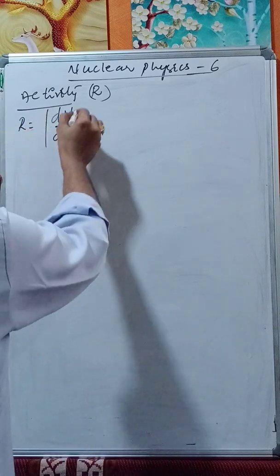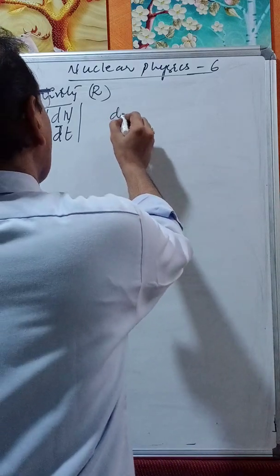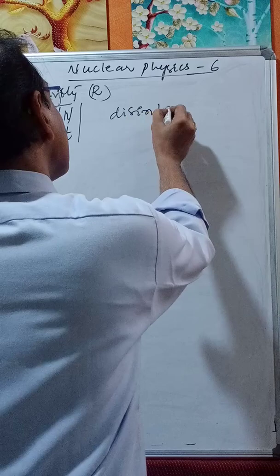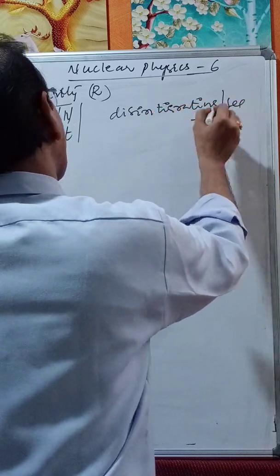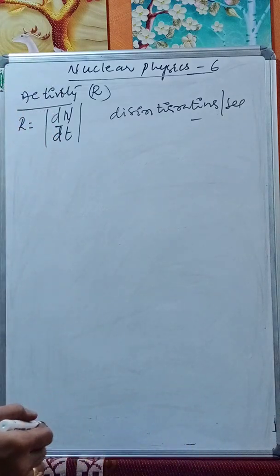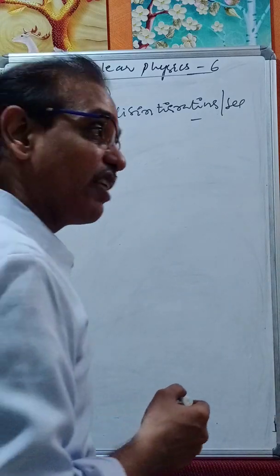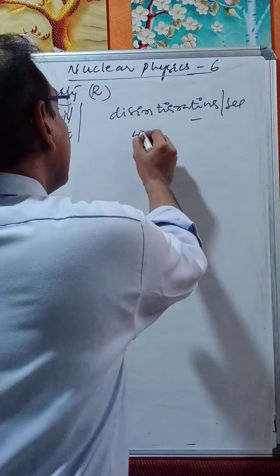The number of disintegrations per second is called activity.